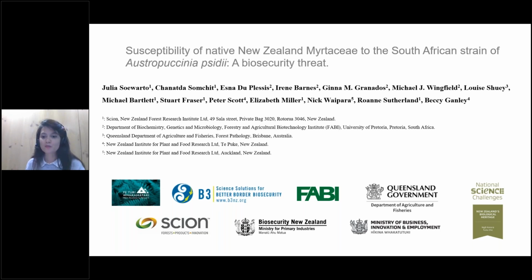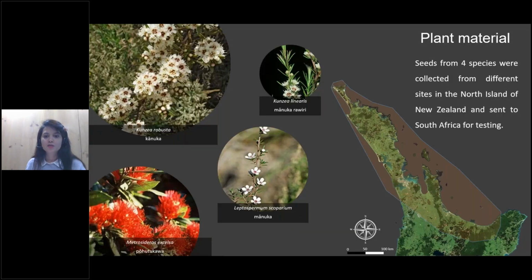So with scientists from FABI in South Africa, we have tested the susceptibility of native New Zealand Myrtaceae to the South African strain of Myrtle Rust. For this testing, seeds of 4 native Myrtaceae were collected from different sites across the North Island and sent to South Africa following strict hygiene and permit conditions.